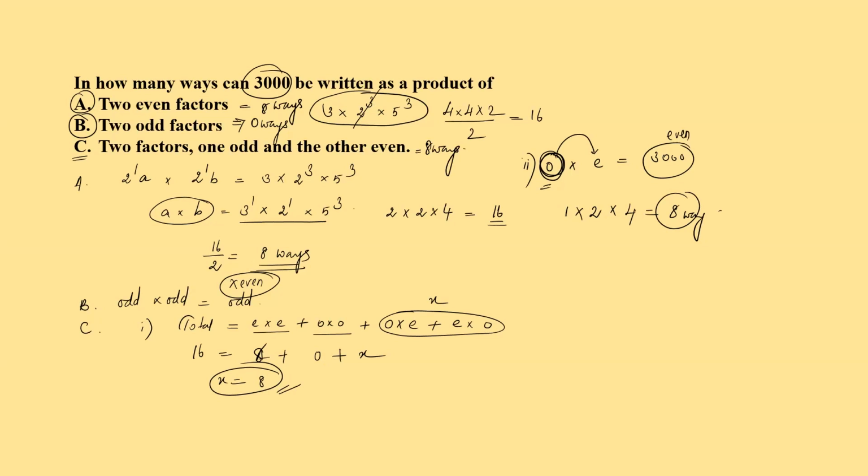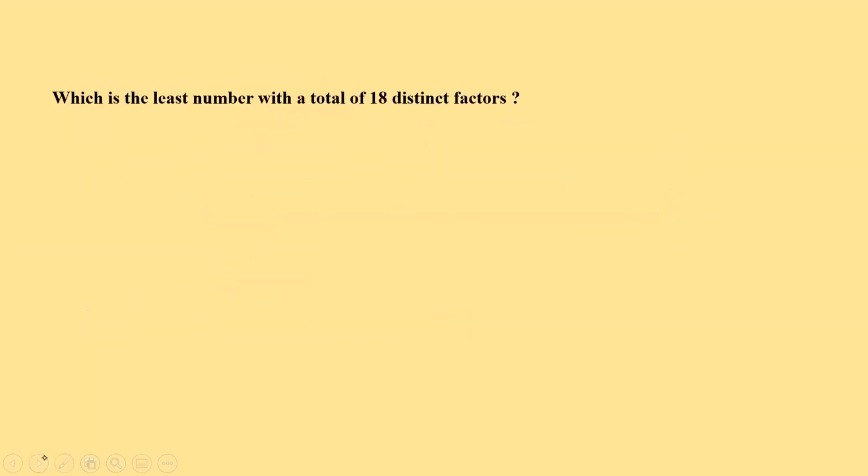I hope this one particularly becomes easier for you now. Now let's go ahead and try this particular question. Use your brains, my dear. 2 minutes, and then finish this off. Go ahead with this. Which is the least number with a total of 18 distinct factors? Check out all the different possibilities.